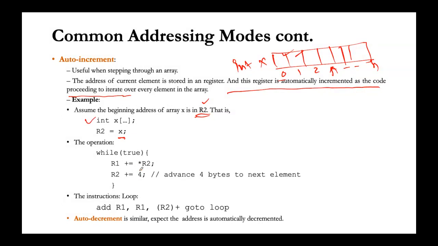So the base address of your array is stored in your R2, and that will be incremented and stored in register R1, and this loop continues. So R2 will be incremented and advances by 4 bytes because we are using integer. If we are using, suppose, the double here, in that case it will be incremented by 8 bytes per element. That depends.